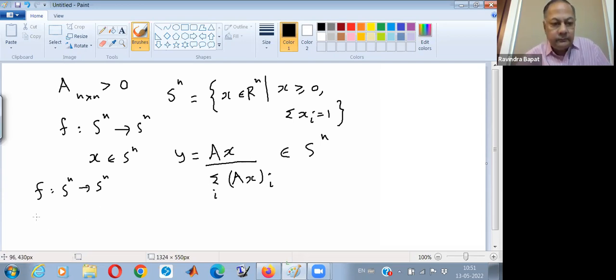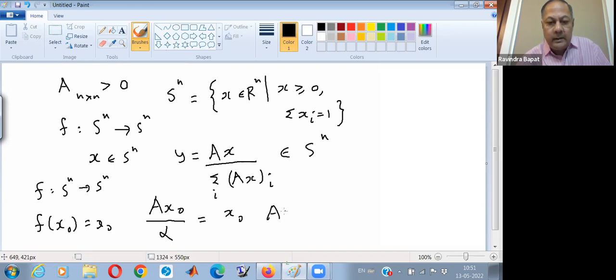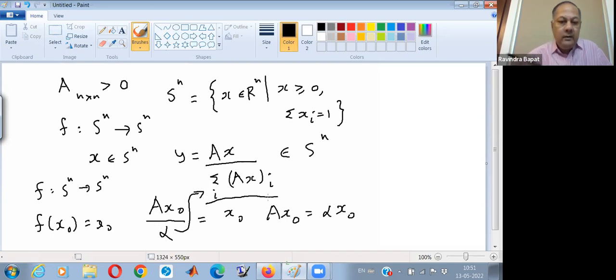That means f(x_0) is equal to x_0 for some x_0. If you write it in terms of y, that means Ax_0 divided by some number, let me call it alpha, is equal to x_0, and so Ax_0 is equal to alpha x_0. So alpha is nothing but this quantity evaluated for x_0.